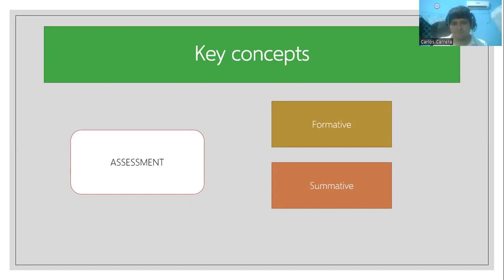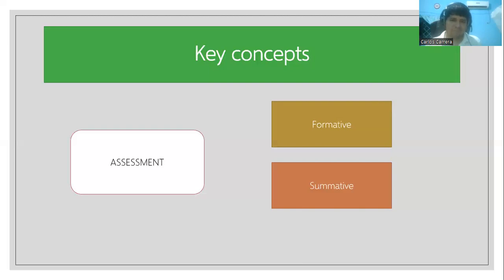We have the formative, which means that it is an assessment that is going to be developed constantly in the student academic life. We normally do it to check if the student understood the actual lesson. They can be done at the end of the lesson. They can be done once or twice a week, maybe at the end of the month.